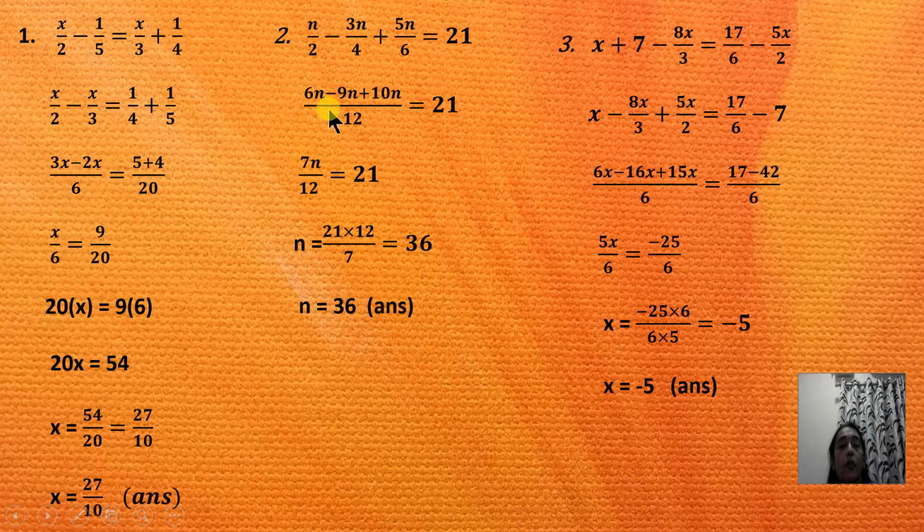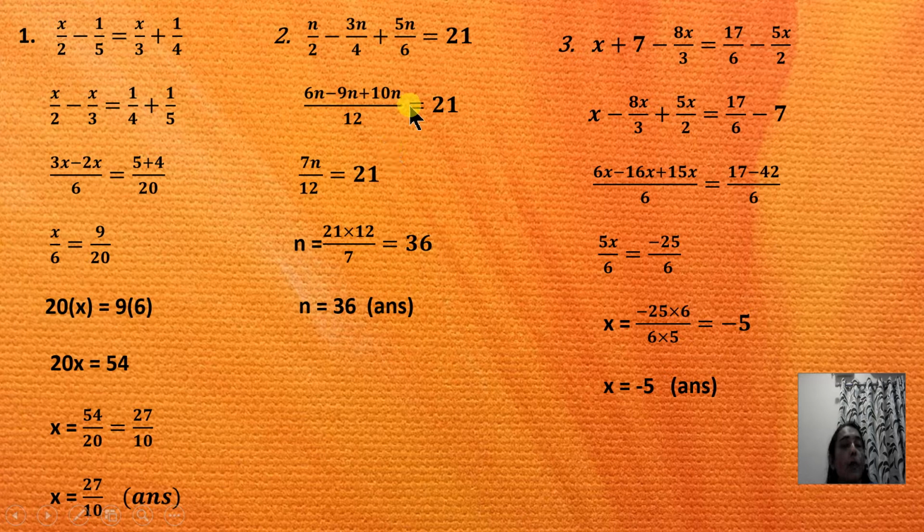Now, here, the denominator is 12. So, we have to convert this 2 into 12. We know that 2 6s are 12. So, we multiply the numerator with 6. So, 6 into n is 6n minus, now here, 4 3s are 12. So, 3 into 3n is minus 9n. Same way here, 6 2s are 12. So, 2 into 5n is equal to plus 10n.